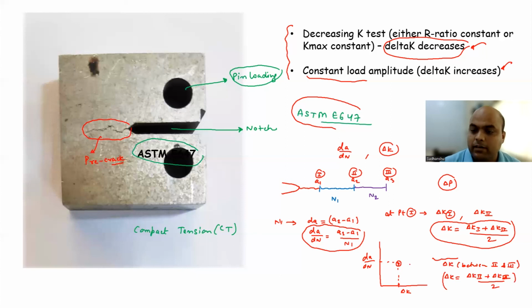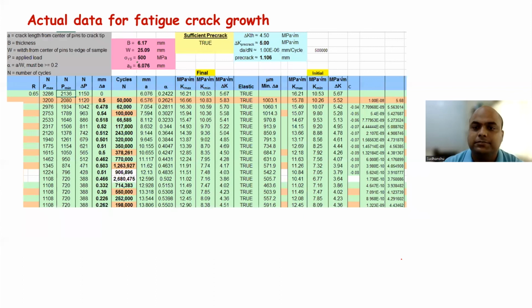So delta K is going to be higher, somewhere here. This way you can plot, for each increment of the crack length, the average delta K and the corresponding da/dN. So you can have different values of da/dN versus delta K, and then you can plot the curve I showed before. Let me show you the real data.